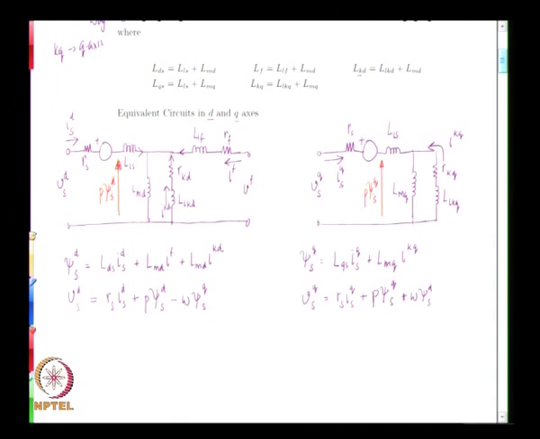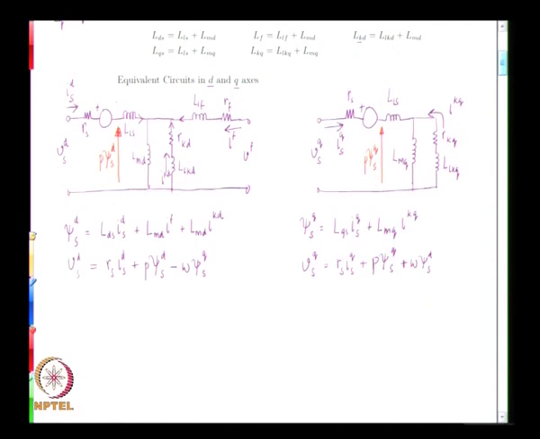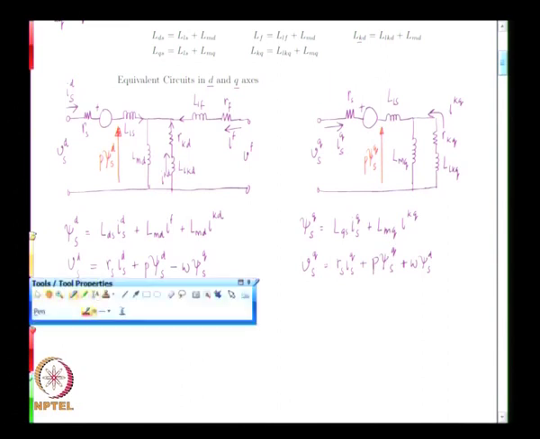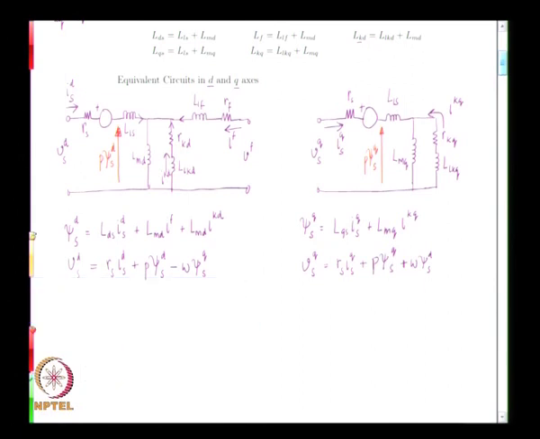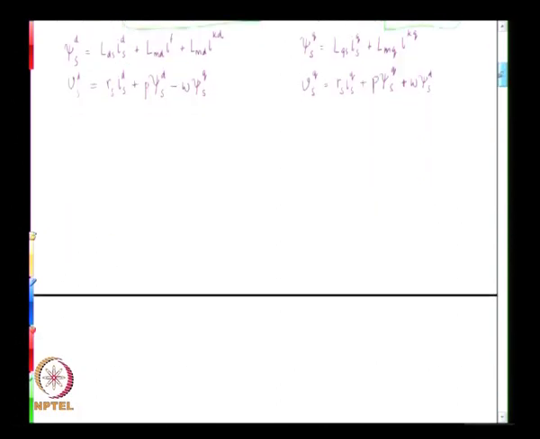Now, having seen this, let us look at that part of the equivalent circuit which is only this region, that is, let me do it in a different color. So, this region of the equivalent circuit. Similarly, let us look at this part of the equivalent circuit alone. So, we will redraw that equivalent circuit here.